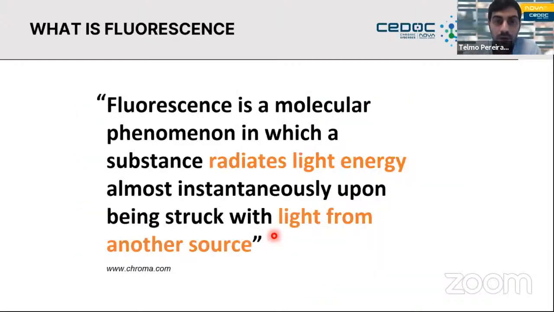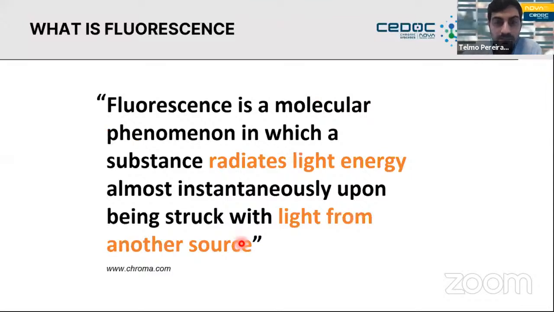Okay, so what exactly is fluorescence? So there are lots of definitions. They are very similar. I just picked one, and that's the one I will show you and explain you a bit further. So fluorescence is a molecular phenomenon in which a substance radiates light energy almost instantaneously upon being struck with the light from another source.